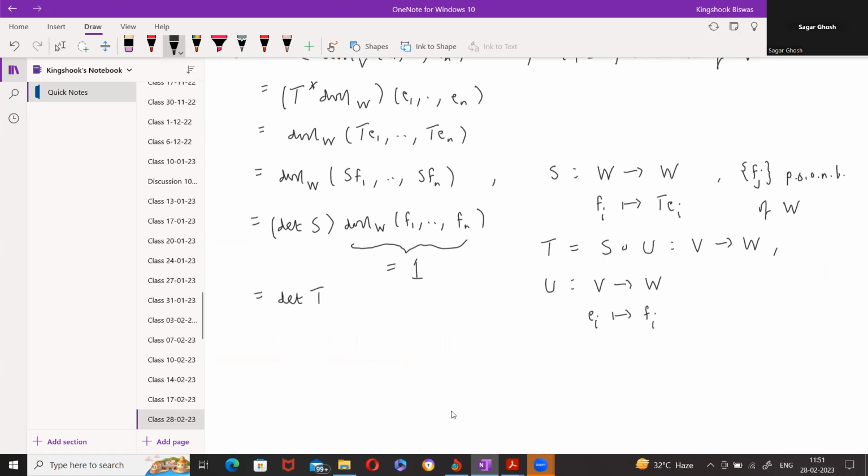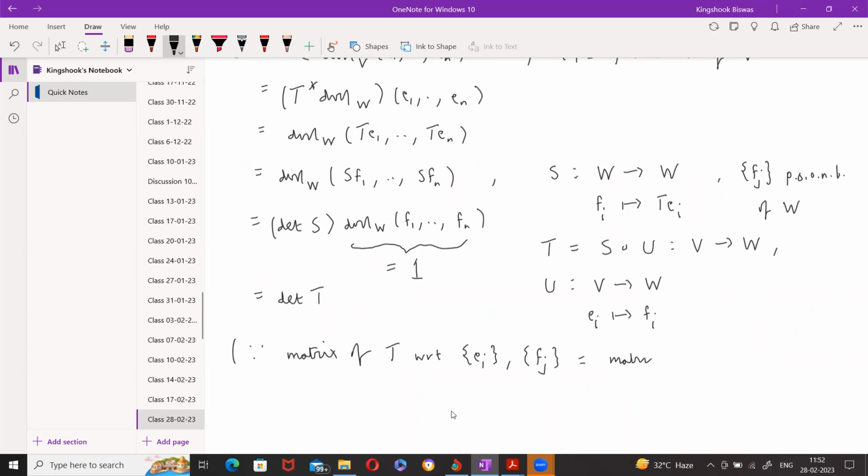So, with respect to the bases, the matrix of T with respect to ei, Fj is equal to the matrix of S with respect to Fj, since T is equal to S composed with U and the matrix of U with respect to ei, Fj is the identity.